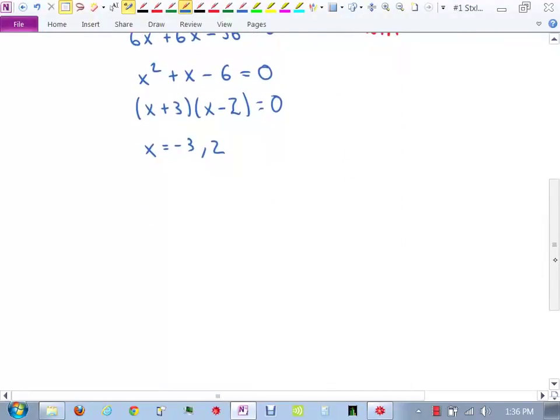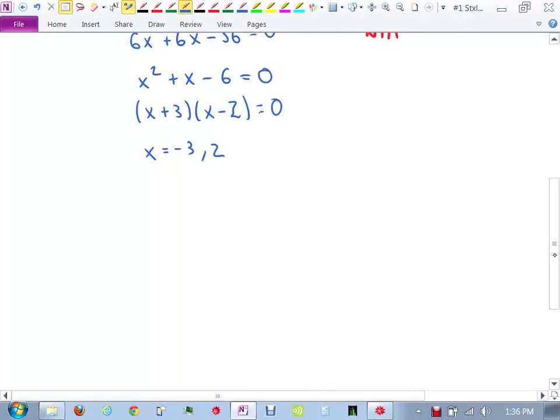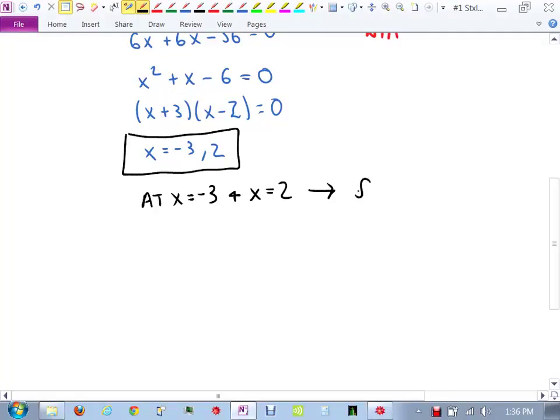So I know where the critical numbers are, right? At x equals -3, and at x equals 2, my derivative is 0, which means we have a critical number, right?